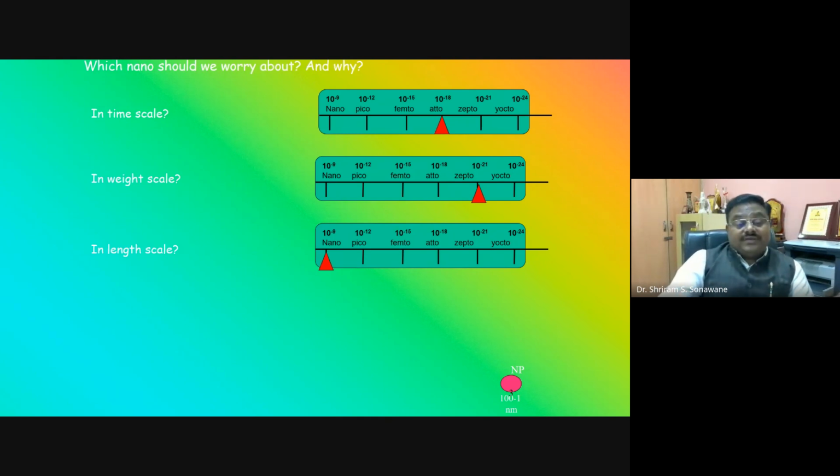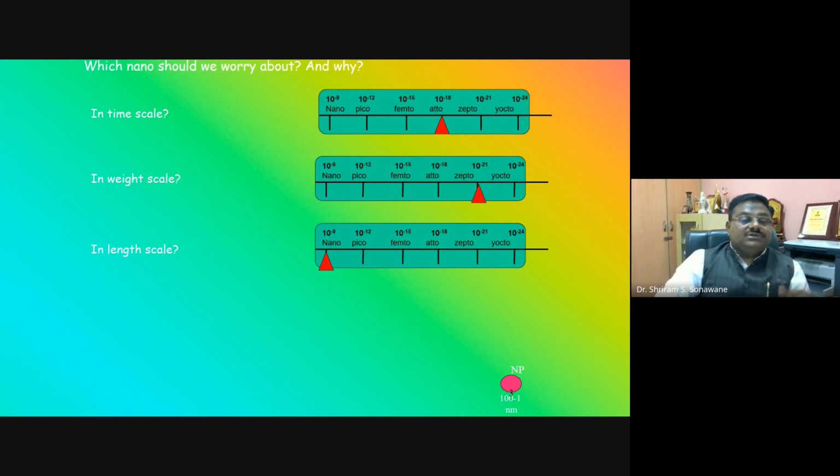So this particular scale, ranging from 10 raised to minus 9 to 10 raised to minus 10, after going towards 10 raised to minus 10, again comes back to 10 raised to minus 9. It means if the shape changes, if the size changes, if the diameter changes, you can say if the length changes, the properties change because of structural changes. If the properties change as far as the material is concerned, that is the physical and chemical properties.